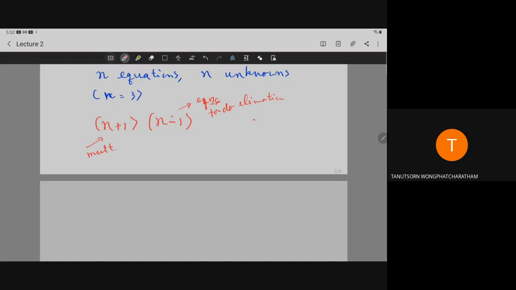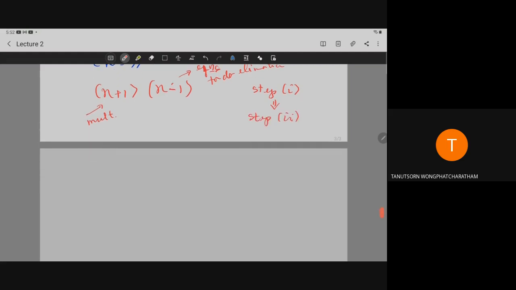Okay, so this is from step 1 to step 2, and then from step 2 to step 3. Now instead of having 2 equations to work with, we only work with 1 equation, so 1 less equation.